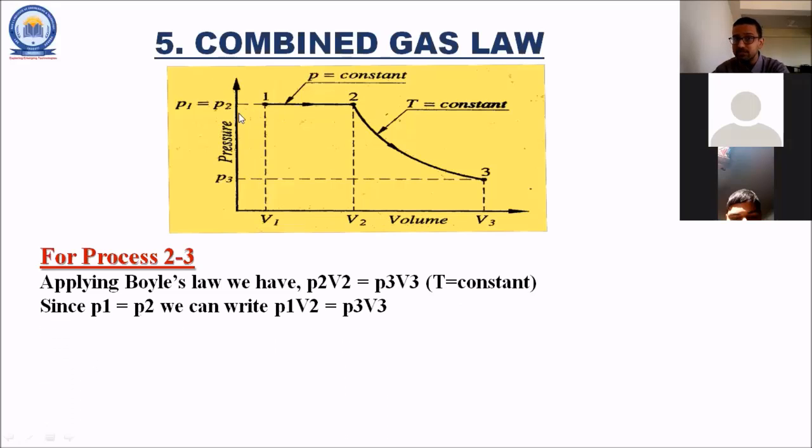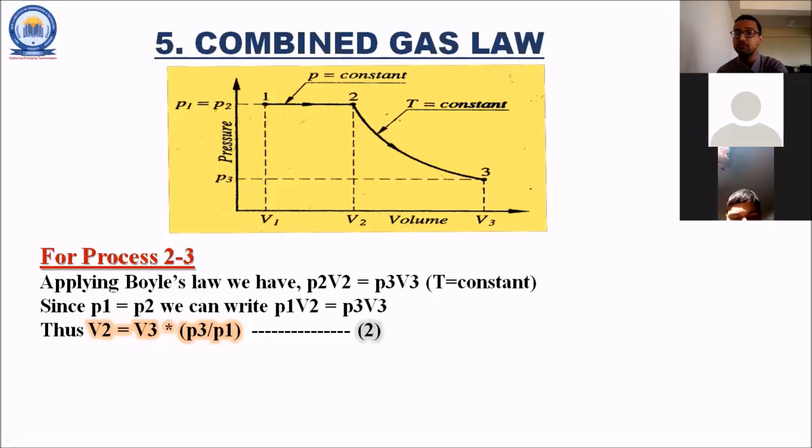Now again for process 1 to 2, the pressure is constant, so I can write P1 is equal to P2. In place of P2, I am substituting P1. Now making V2 the subject of the equation, I am getting the new equation V2 is equal to V3 into bracket P3 by P1.